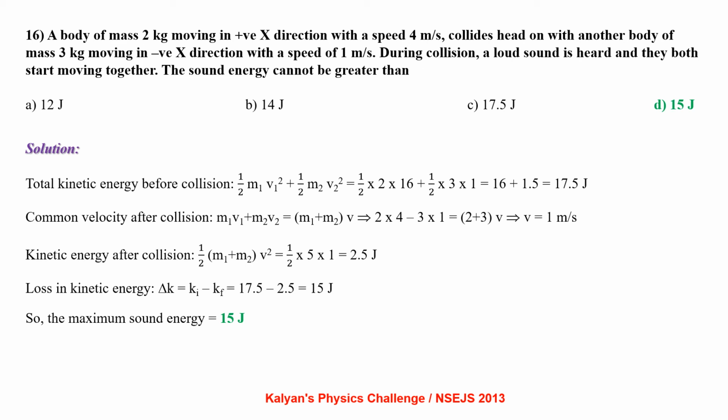Common velocity after collision, by applying conservation of momentum, we get 1 meter per second. So the kinetic energy of the system after collision, half of m1 plus m2 into v square, that comes out to be 2.5 joules. So the loss of kinetic energy in the process is 15 joule. So the maximum sound energy that can be produced is 15 joule.